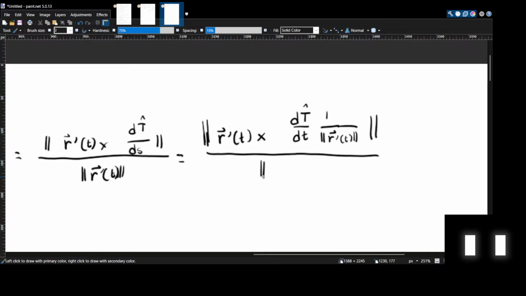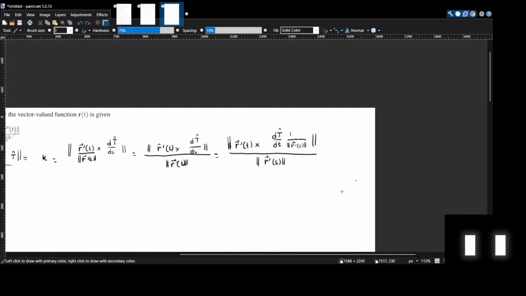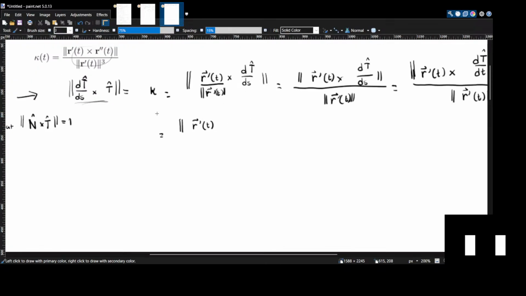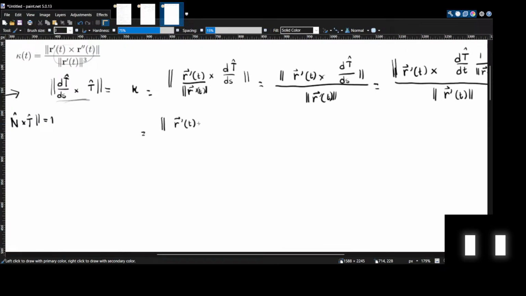And then again we have the norm of r prime down here, where you can now proceed to group them together. And you're going to have r prime of t cross product with dT by dt divided by this guy squared.